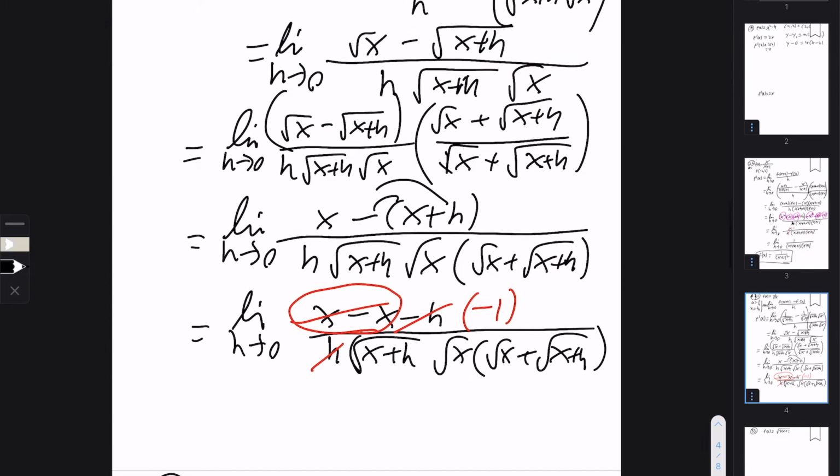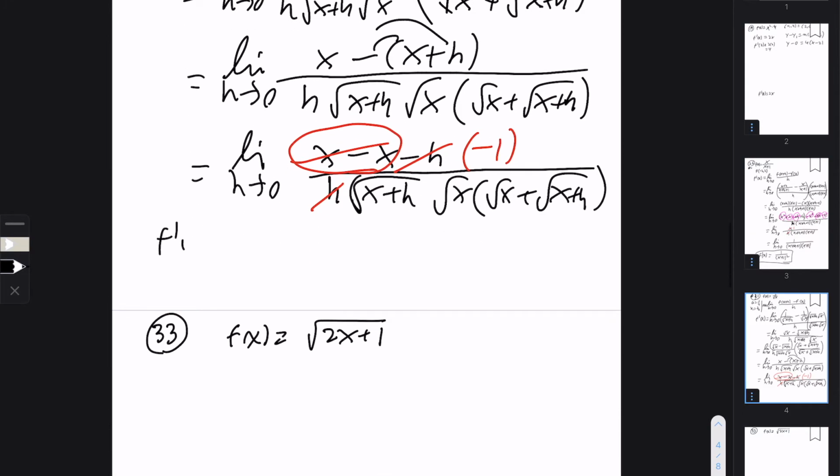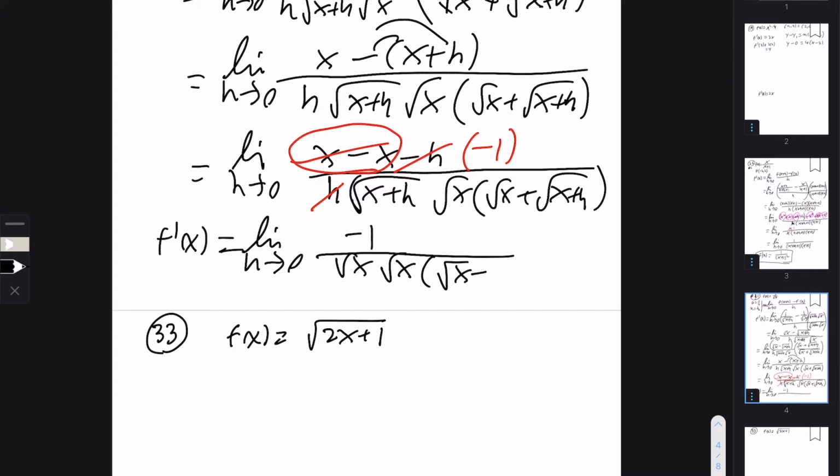We are almost there. So the derivative is the limit as h approaches 0. The top is a constant, negative 1. Well, that becomes 0. We get radical x, another radical x, and in the parentheses, radical x plus radical x, again because h is going to 0.